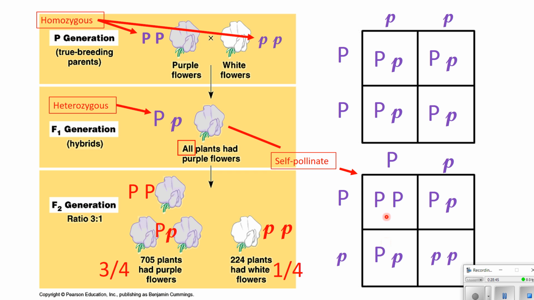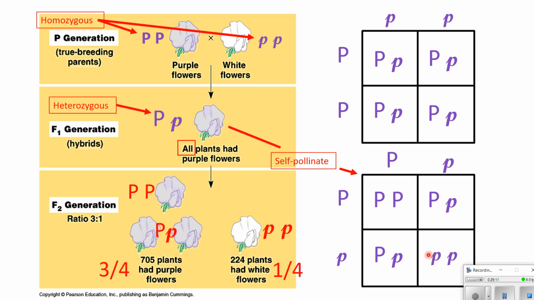And so, this shows me that there's going to be a 1 out of 4 chance when this plant pollinates itself, there's a 1 out of 4 chance that I'm going to get a big P offspring. There's a 2 out of 4 chance that I'm going to get a heterozygous purple offspring.